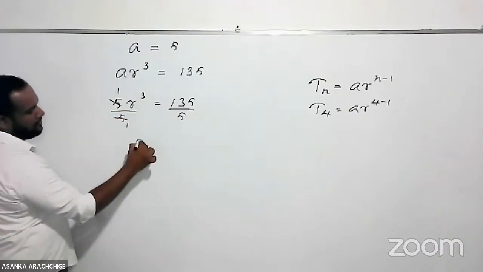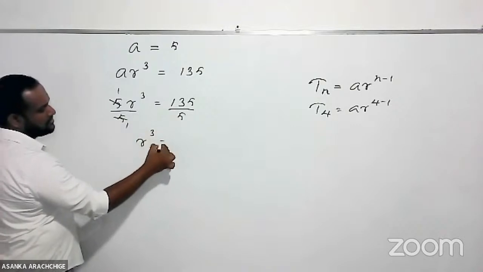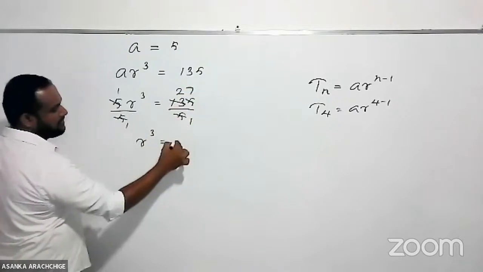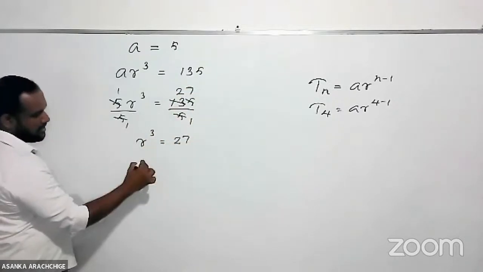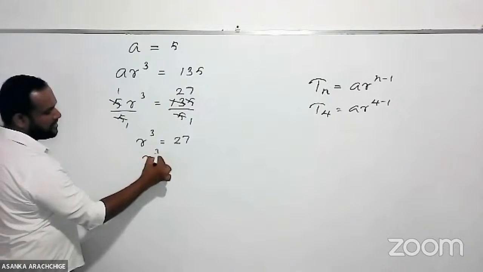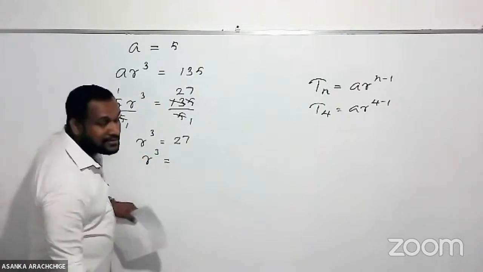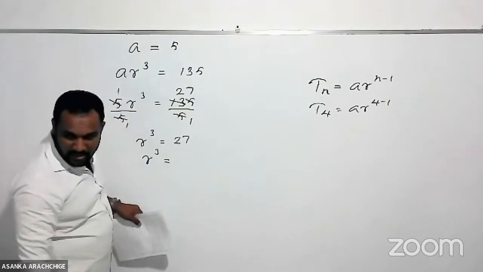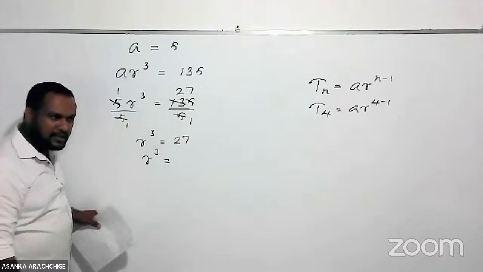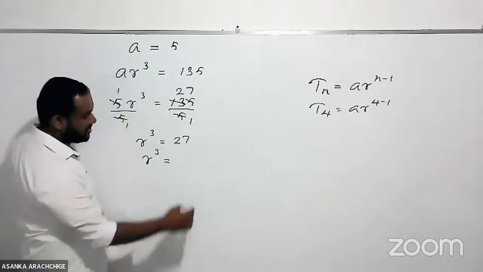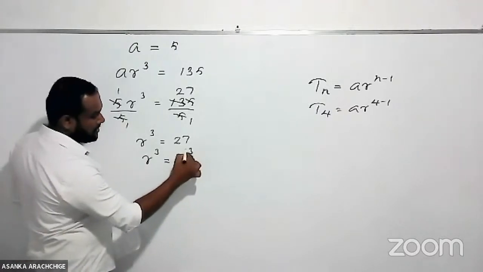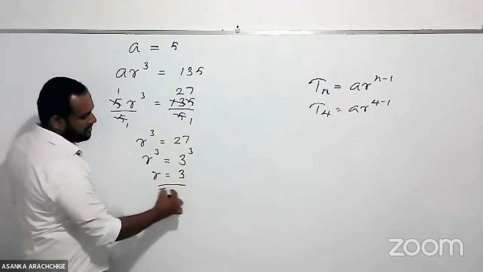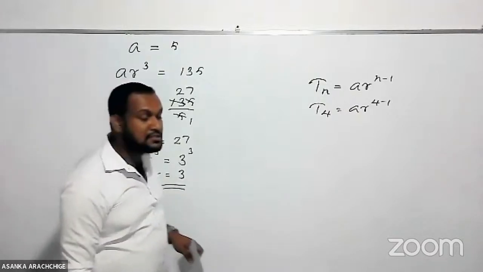R cubed is equal to 27. Is 27 a cube of what? 3 cubed. Very good. Therefore, R is equal to 3. The common ratio equals 3.